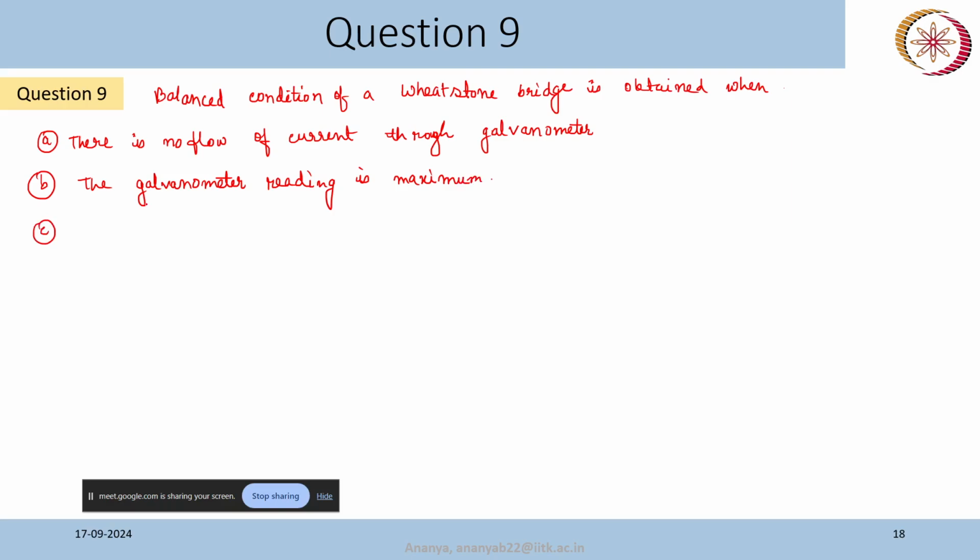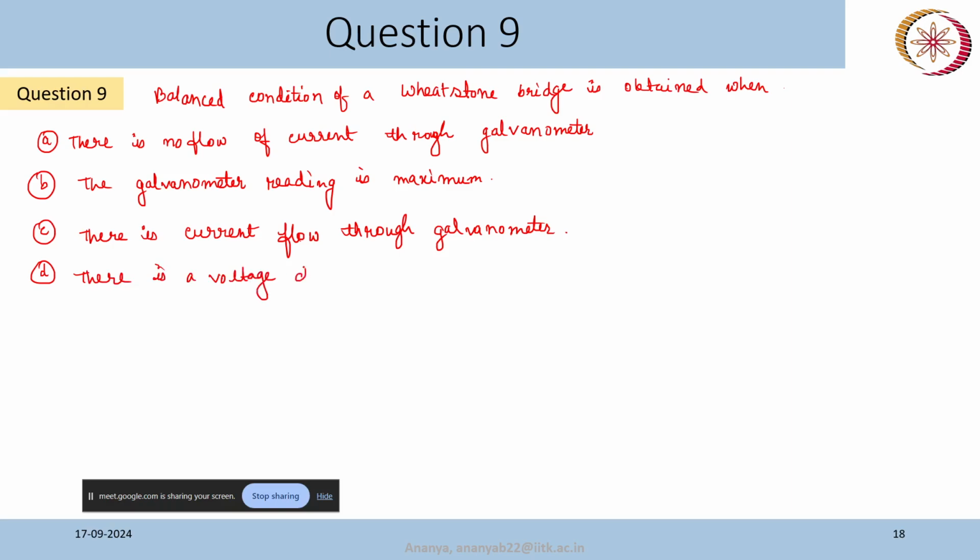C is there is current flow through galvanometer. D is there is a voltage difference between galvanometer terminals.